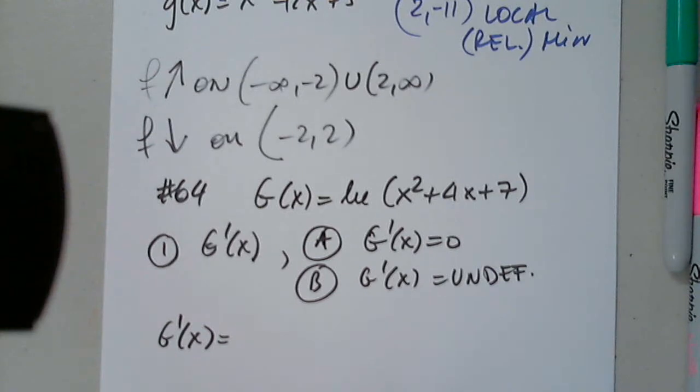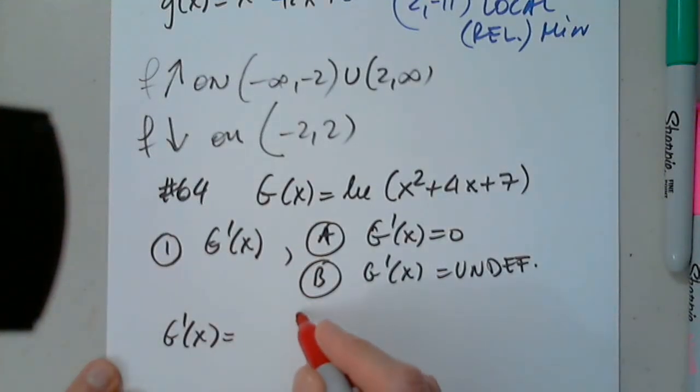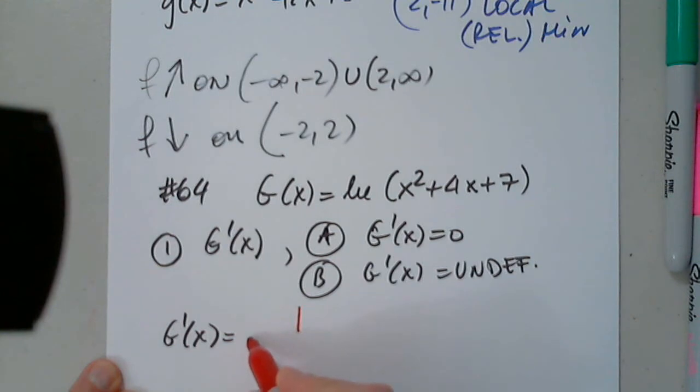Can anyone give us g prime? Anyone remember how to differentiate log of a function, natural log of a function? Anyone? Is it 2x plus 4 over x squared plus 4x plus 7?